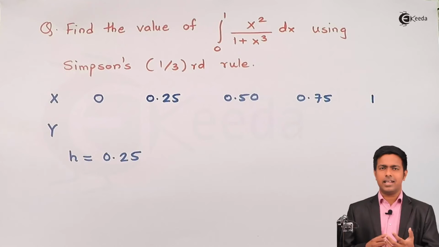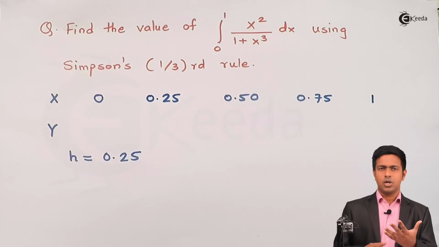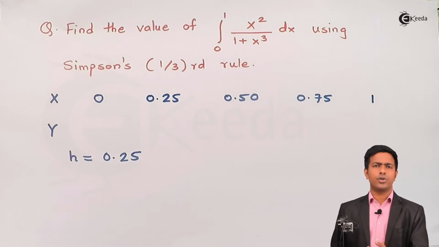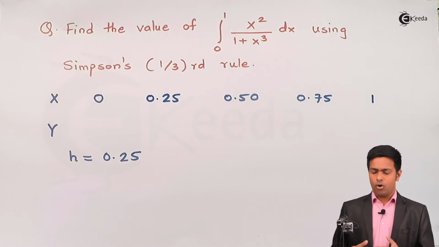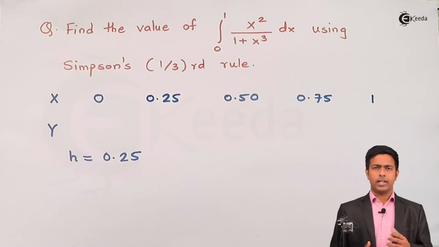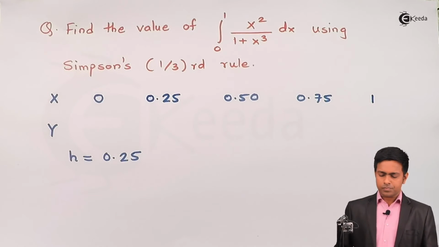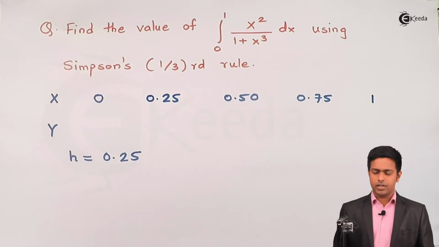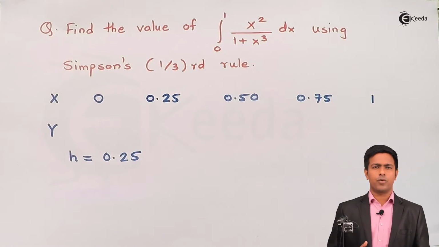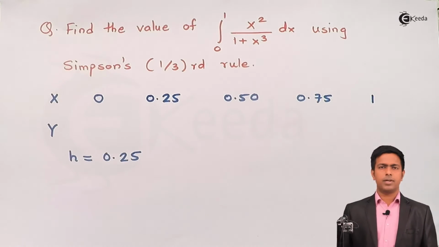It means we are getting 5 subintervals, which is an odd number, which is not accepted in Simpson's 1/3 rule. So you cannot take the difference of 0.2 between the values. You can check it with 0.1. By taking a difference of 0.1, you can get even subintervals. Here I've considered the value of h as 0.25, and I got even subintervals.